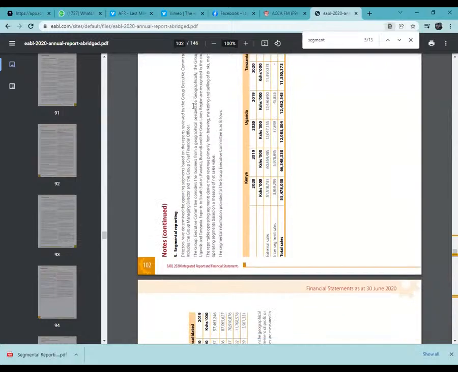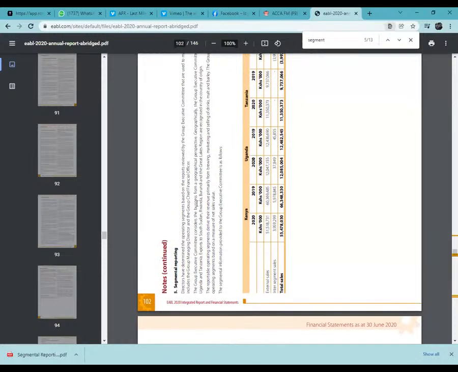The group executive committee includes the group managing director and the group chief finance officer, meaning that they are trying to point out that it is the work of the chief decision maker to come up with operating segments. The group executive committee considers the business from a geographical perspective.